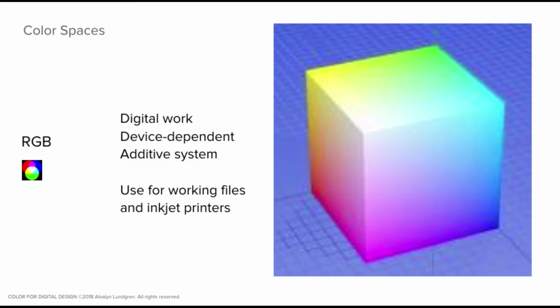But RGB is the standard for all working files, and it is a three-dimensional color space based off of red, green, and blue. Various combinations of those three primaries will give you colors at various positions within a three-dimensional volume, and that's what's being illustrated here.